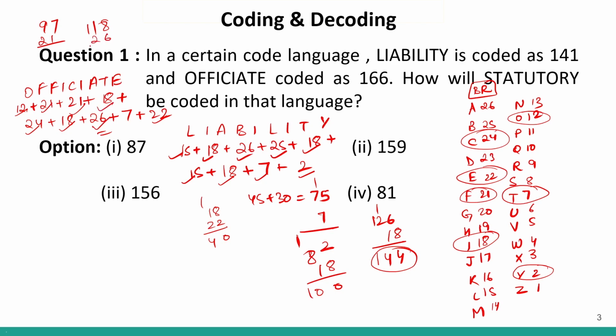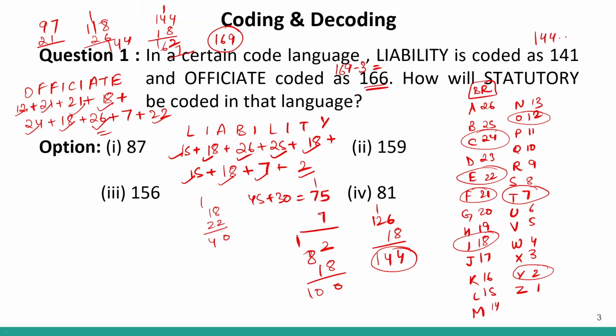So 26. This will be 144 plus 18. So this will be 162. And if I add 7 into this, this will be 169. Correct? So 169 minus 3 will give me 166.